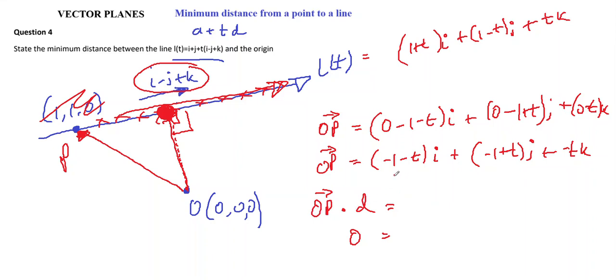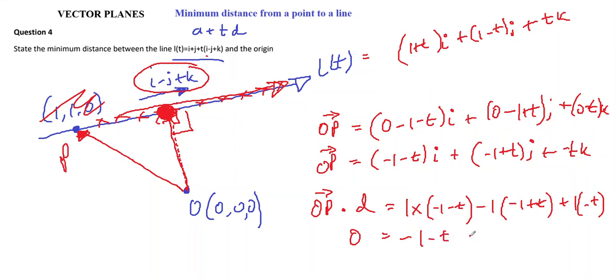So OP times D, so it's going to be D, which is 1 times (-1 - t), minus 1 times (-1 + t), and then plus 1 times (-t), and that's going to be -1 - t + 1 - t, and that's going to be -t.